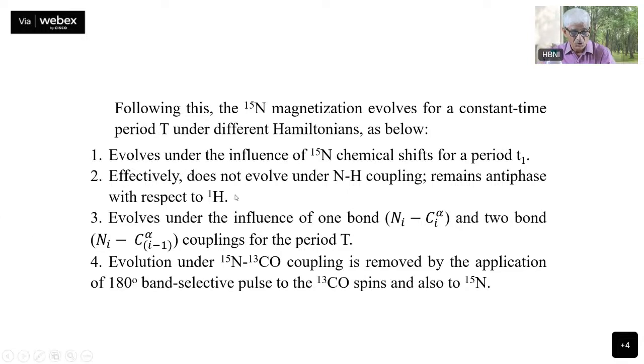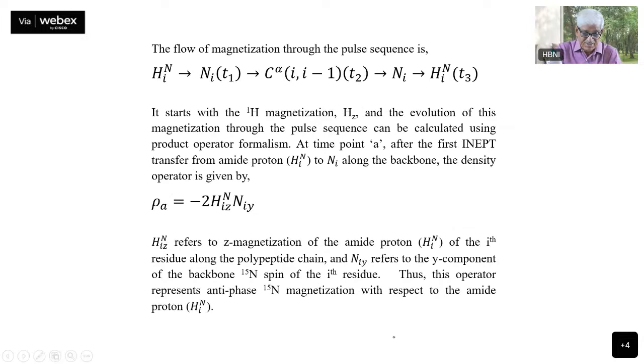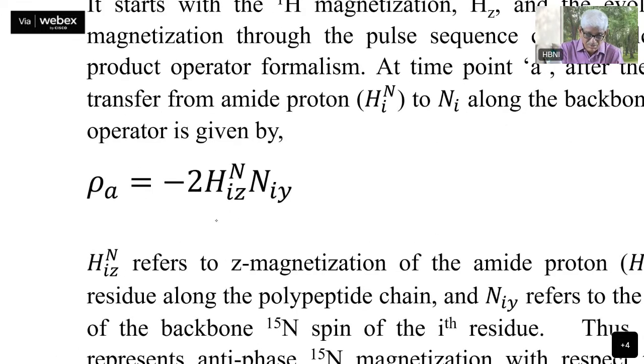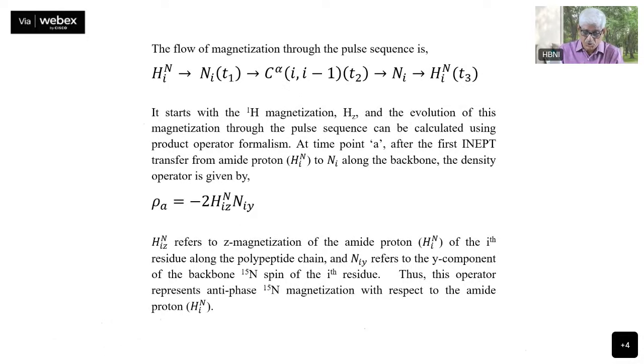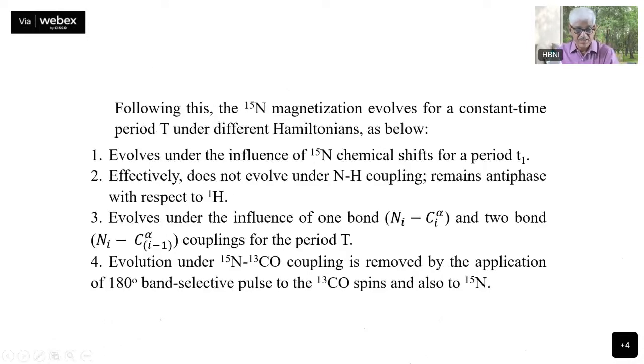Then the proton-nitrogen coupling is effectively not there. The antiphase magnetization does not evolve under the nitrogen-proton coupling and remains antiphase with respect to the proton. Remember, it was antiphase here. Nitrogen magnetization is antiphase with respect to the proton, and it remains so till the end of this constant time period.